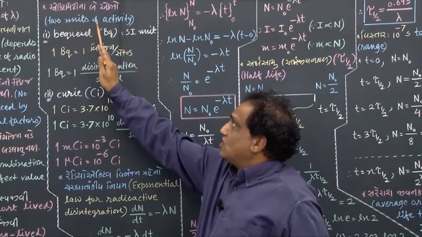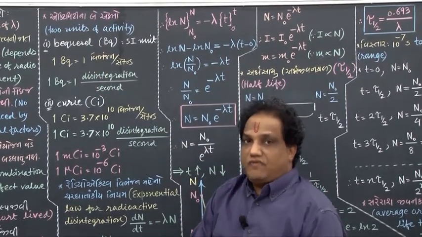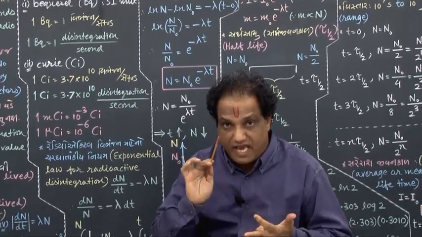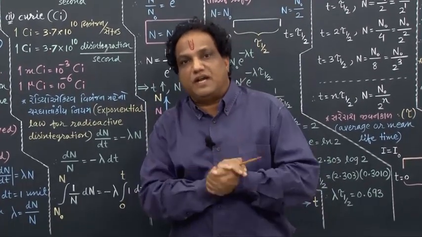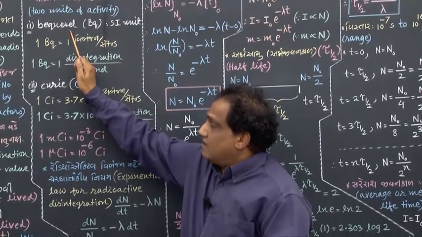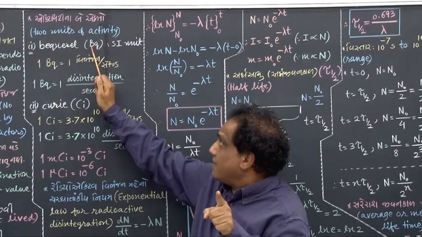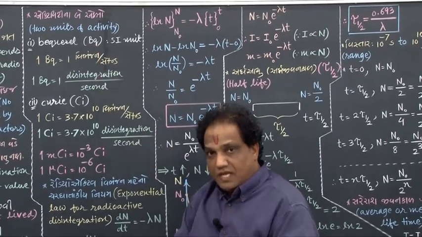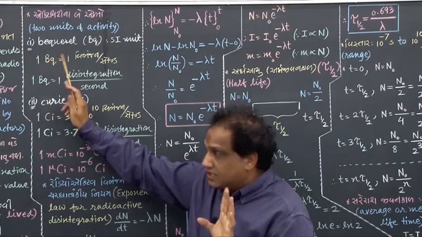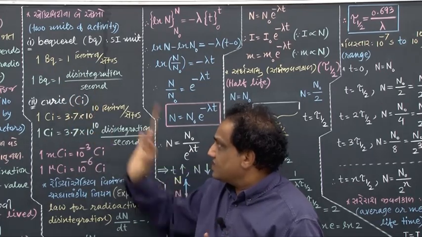There are two units of activity which we will see in our syllabus. First is the Becquerel, which is the SI unit, in memory of the scientist Henry Becquerel, symbolized as capital B small q. 1 Becquerel means 1 disintegration per second.